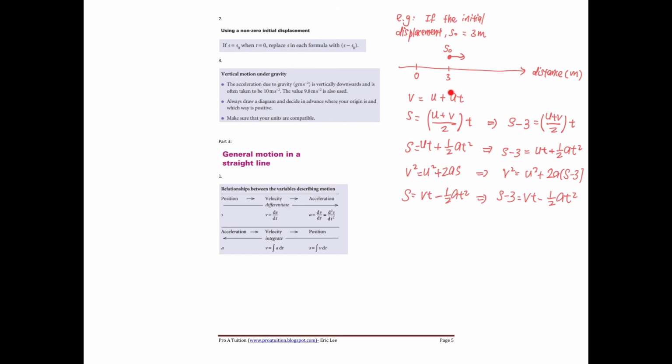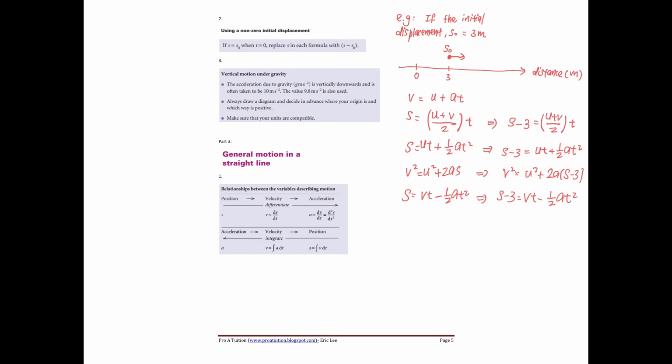That means you assume downward is positive. You know acceleration due to gravity is acting downward. So if you use A equal to 10, that means you assume downward is positive. So if you assume upward is positive, then your A has to be replaced with negative 10.